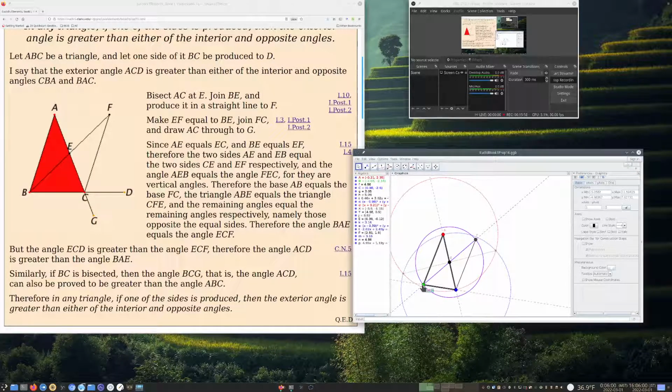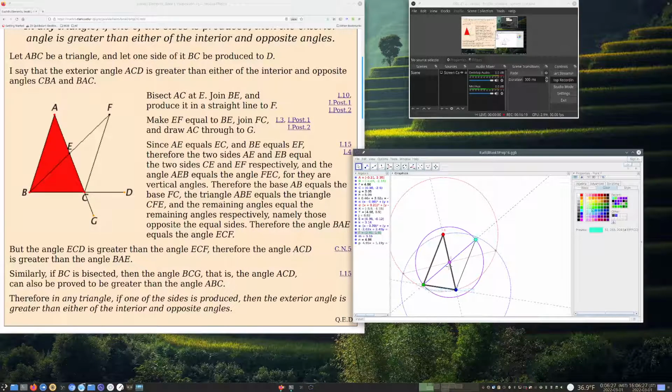So this triangle, let's color E. And then this will have to be, all right, we'll live with that.